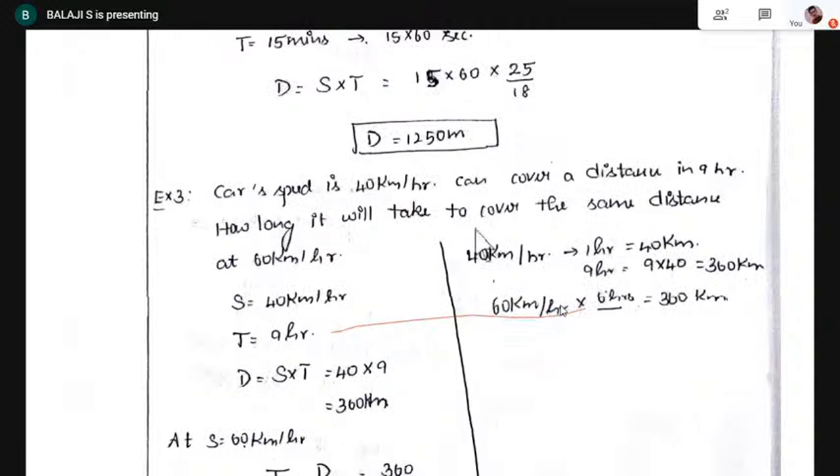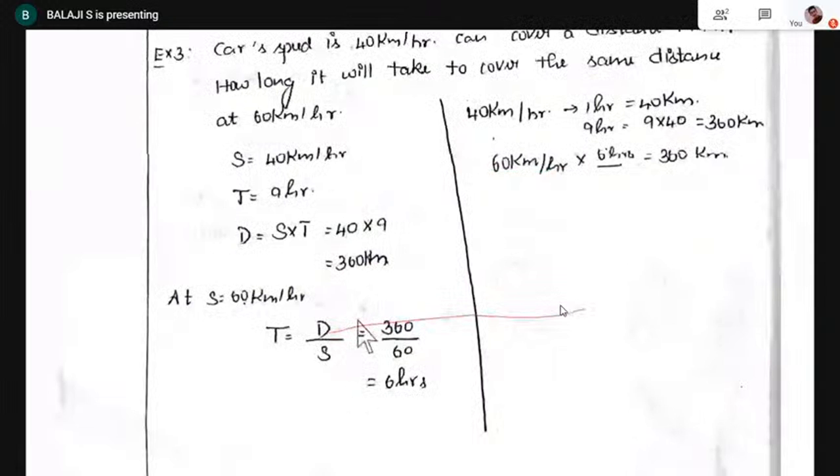Then what is the time needed to cover the same distance when the speed is 60 kilometer per hour? Simple, time equal to distance by speed. We have found the distance and we know the speed, so substituting we get 6 hours. Okay, this is the conventional method.